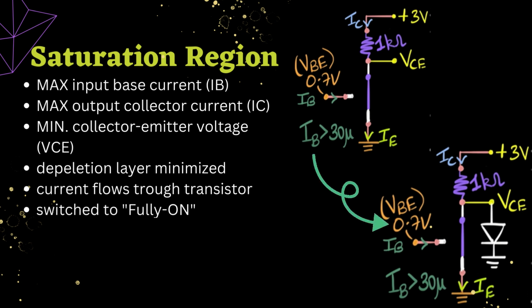The third one is collector emitter voltage VCE at the minimum value, because IC flows through the 1 kilo ohm, so there will be a voltage drop, and the VCE value will be at the minimum value. The depletion layer in the transistor will also be minimized, and the current can flow through the transistor. So the transistor switches to fully on.